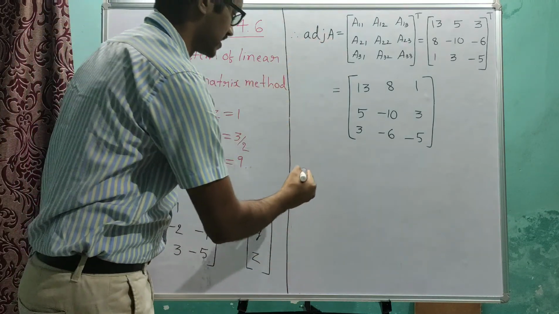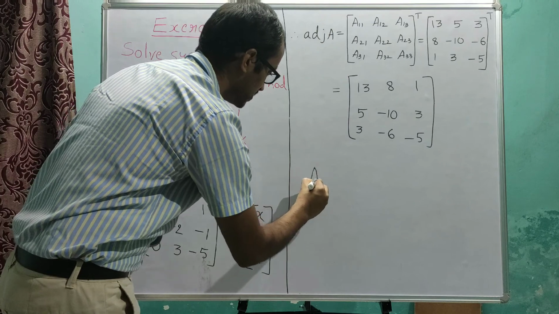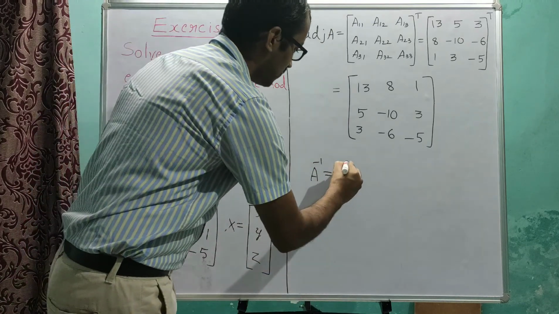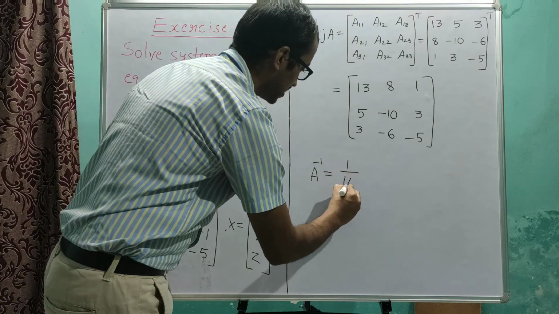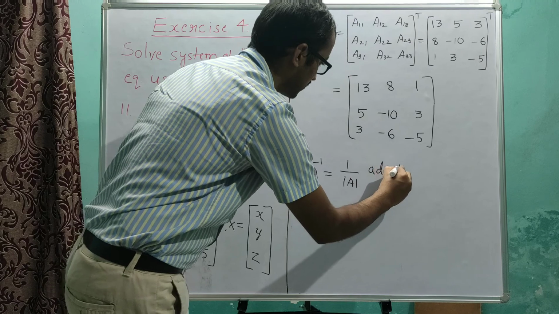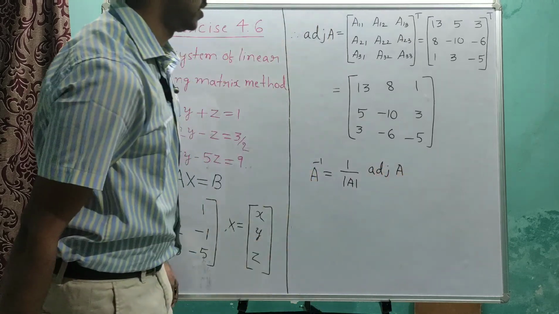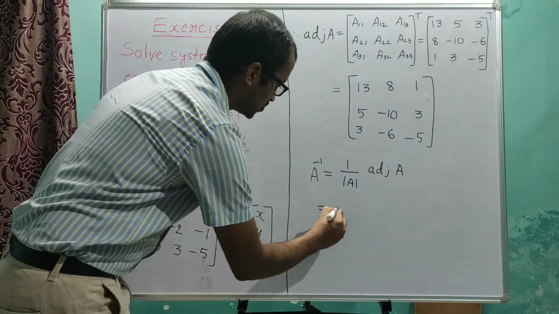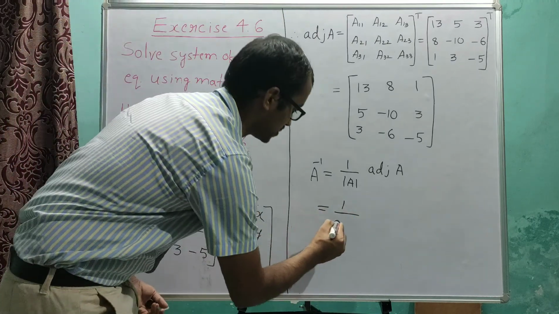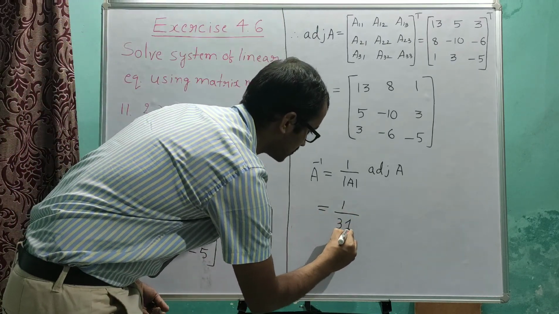Now let us compute A inverse. A inverse is equal to 1 by determinant of A into adjoint of A. So the determinant of A we obtained is 34.